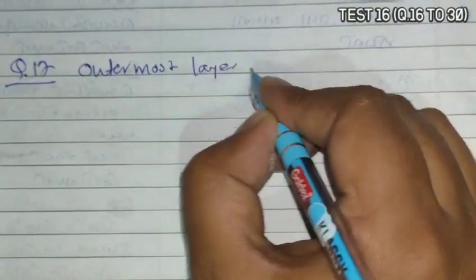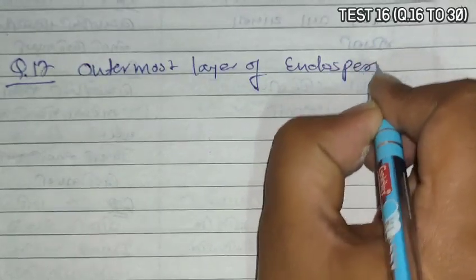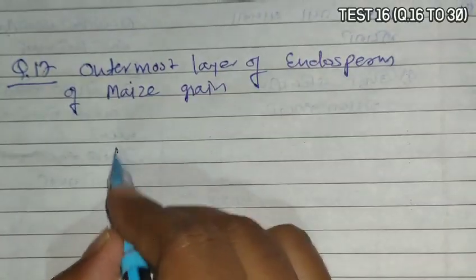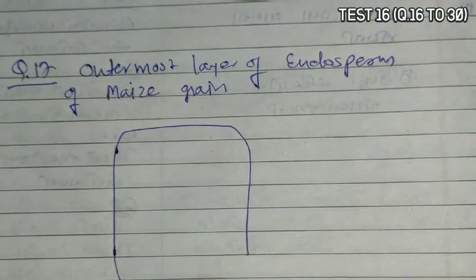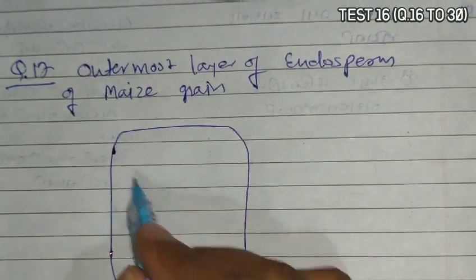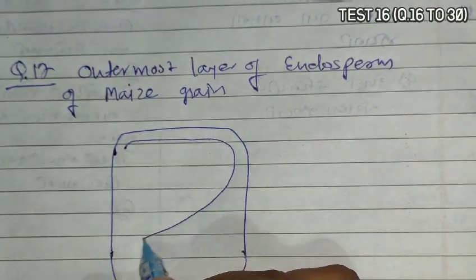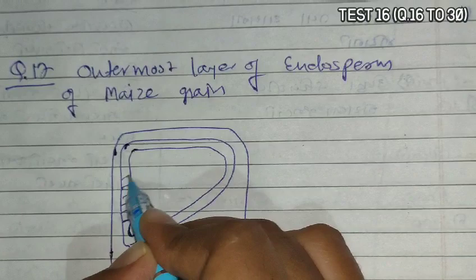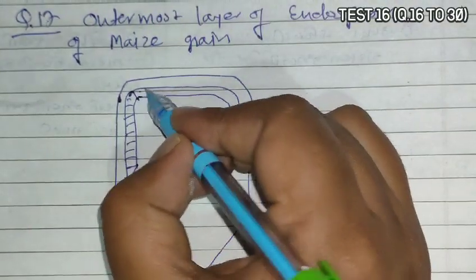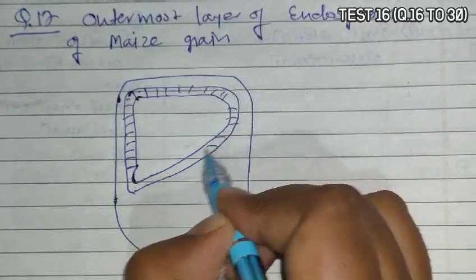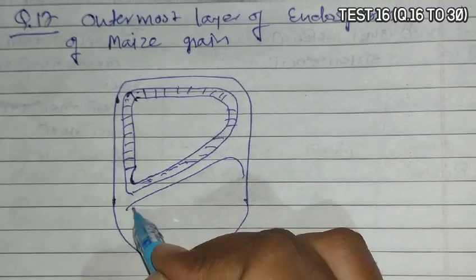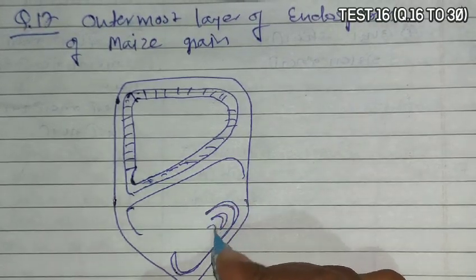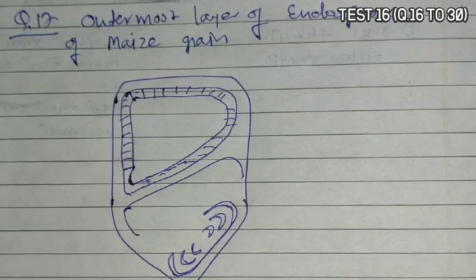Now if you know the diagram of maize grain, it looks like this, and in that you will find this type of structure. So this type of structure is found in the case of maize grain.